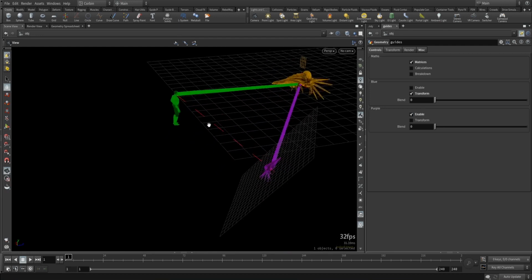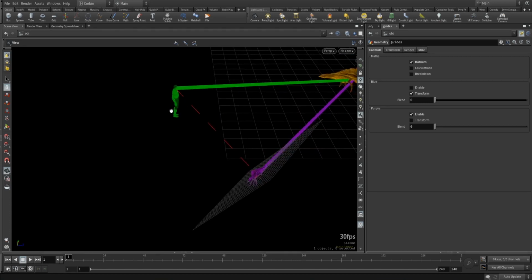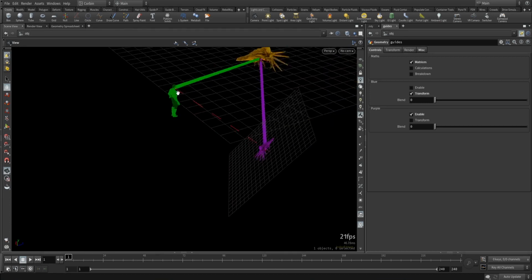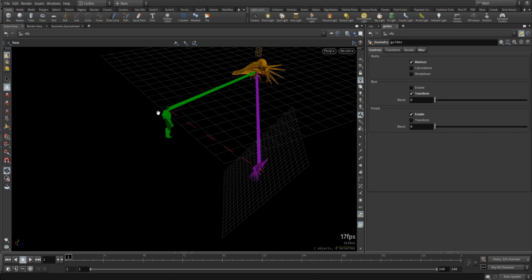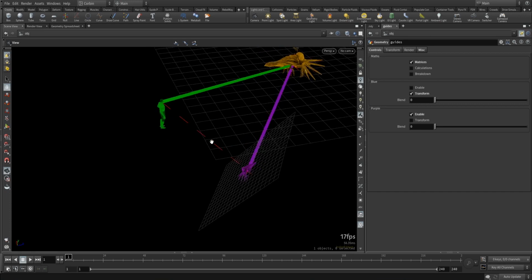Okay, so we want to calculate the difference between these two. So we say, okay, we're going to go from the purple guy, where is the green? So then, because this is from and that's to, you reverse the from. So we want to say this one, green, minus purple.